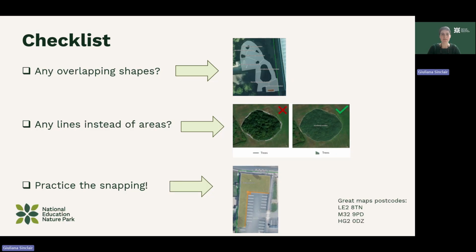You might already be using iNaturalist across your site, but if you sign up with a username that has NENP underscore, and then the name of your school, for example, that gets drawn in to the nature park data. iNaturalist is a really simple tool to take pictures of wildlife across your site, and it uses image recognition to suggest what sort of species or what kind of animal or plant or fungi it might be.